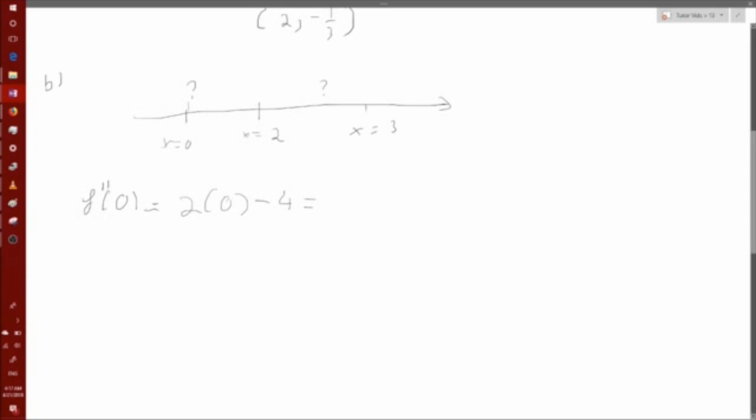So we get negative 4. So we know that the left side of x equal to 2 is negative.